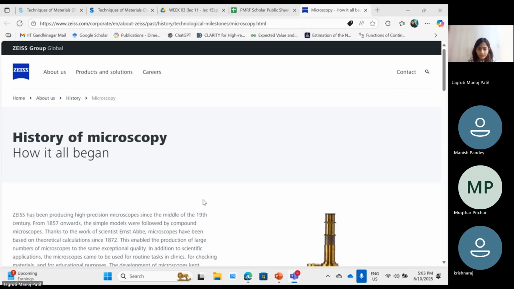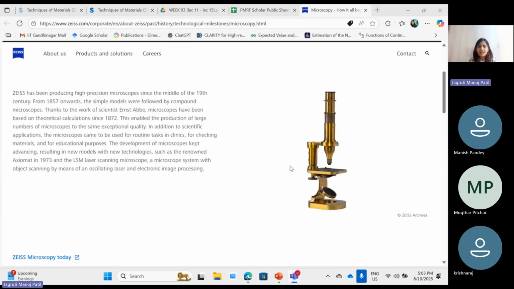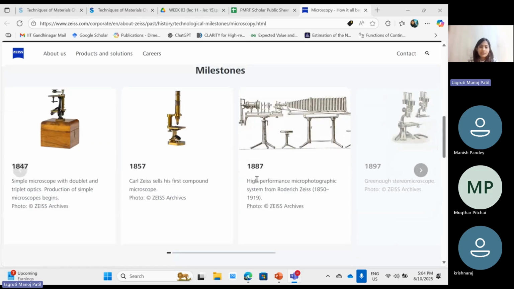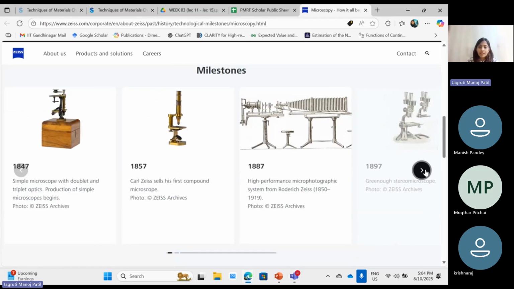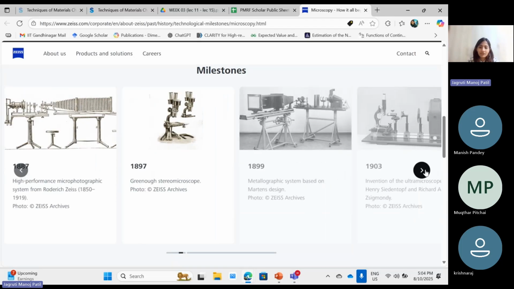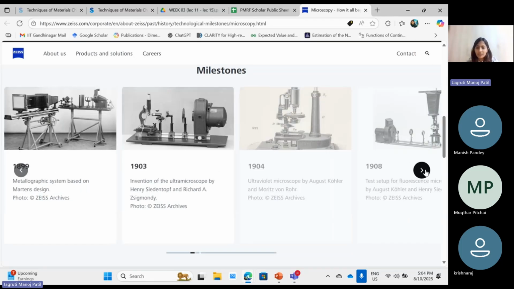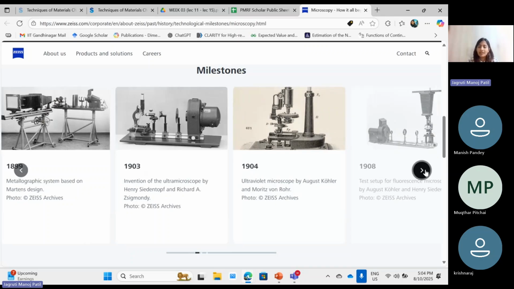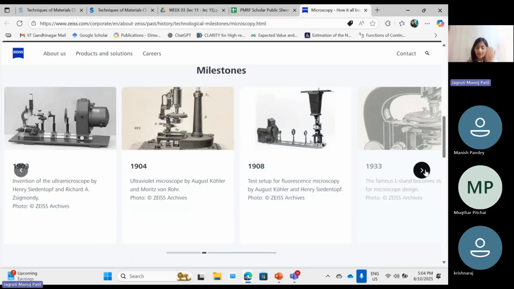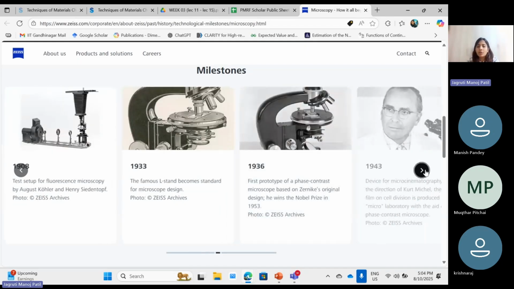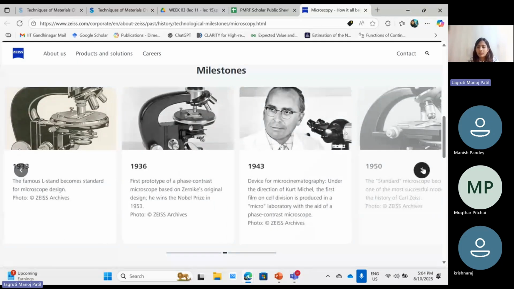The first compound microscope, a simple microscope, was like this, and Carl Zeiss was the person who did it. They tried metal ones, changed the source of illumination, then ultraviolet sources, then a filter, that's fluorescence, and eventually the first prototype of the phase contrast microscope came through.